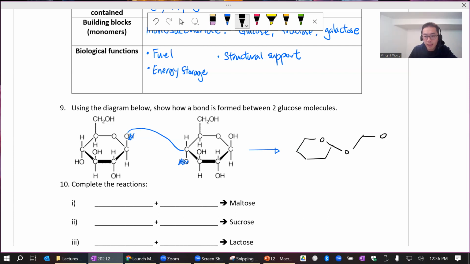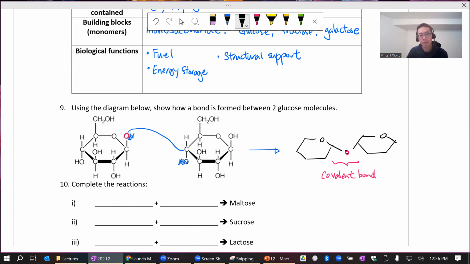but once we connect them together, we get something like this, right? So this O right here, that's like this O in the middle. So here we have a covalent bond, which, as you know, involves a sharing of electrons.